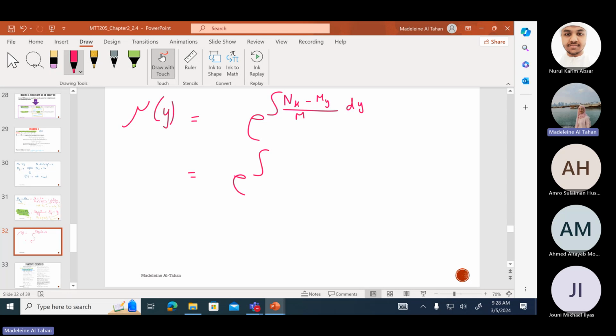What was the value that we got? 3 over y, right? The integral is 3 over y. Remember, we don't add the constant, right? Because we want to find an integrating factor, which should be the easiest one, so the constant is 0. So e power 3 over y integrated is e power 3 ln y. Remember in the linear equation, what did we do for this one? It is e power ln y cubed, and this one will be y cubed. So this one will be our integrating factor.